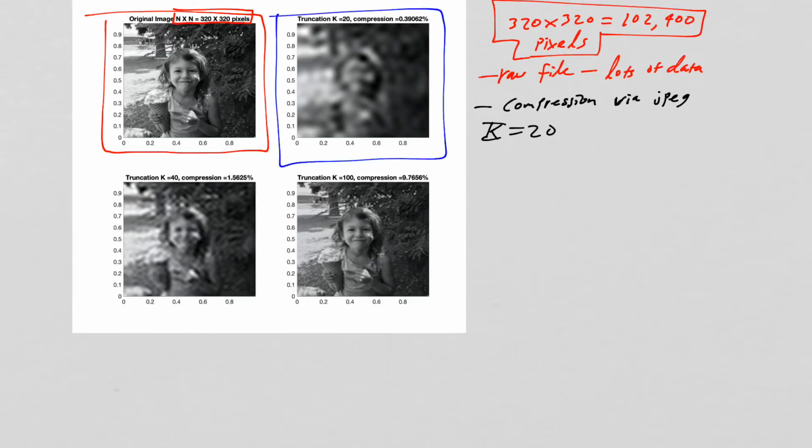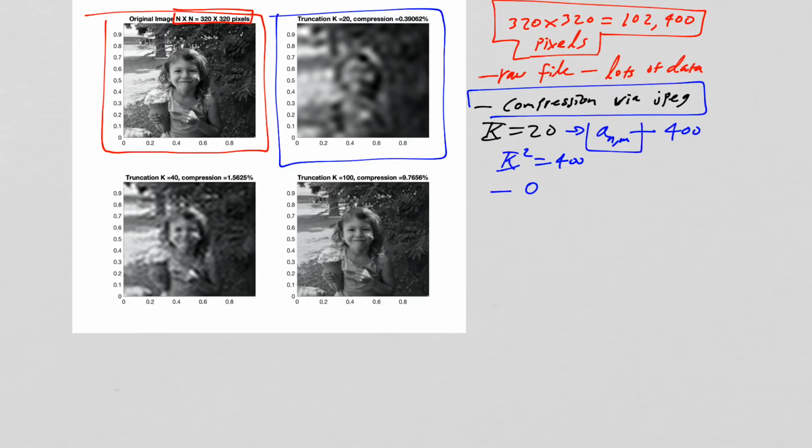If we have K equals 20, the number of A_NM coefficients is going to be K squared, which is 400. So we're talking a massive compression. The file size, just by storing all those coefficients, is going to be 0.39%. Okay, so much less than 1%.